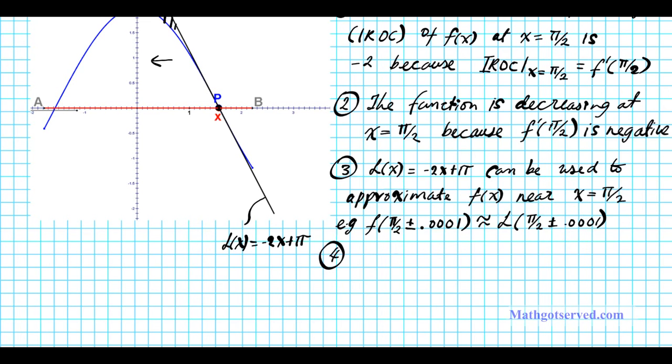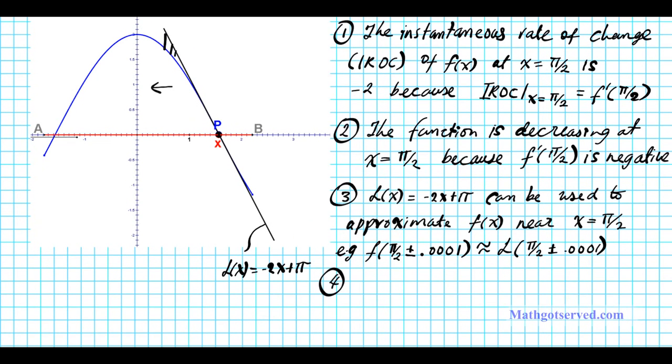All right, lastly, how is the estimation though? How is the approximation? Is it an over approximation, an overestimate, or an under approximation, an underestimate? If you take a look at the tangent line and the function, you notice that if you're to the left of the point of tangency, the tangent line is above, right?